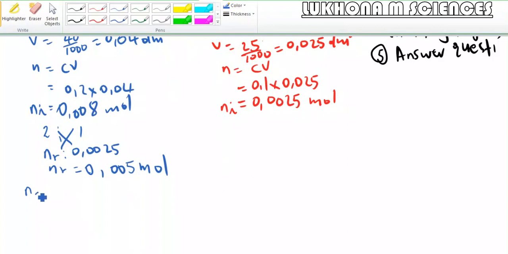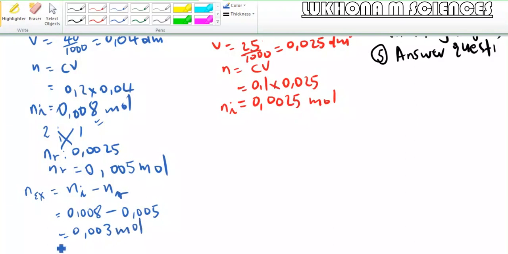Then after we get the number of moles reacted, we calculate the number of moles in excess. Number of moles in excess is equal to number of moles initial minus number of moles reacted. So 0,008 minus 0,005, then we get 0,003 moles in excess.